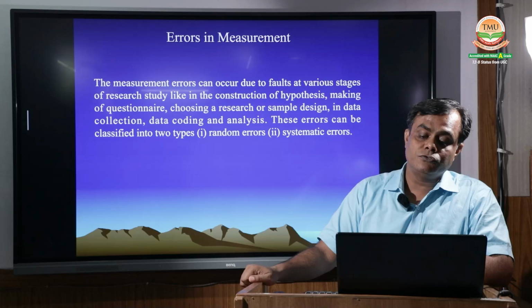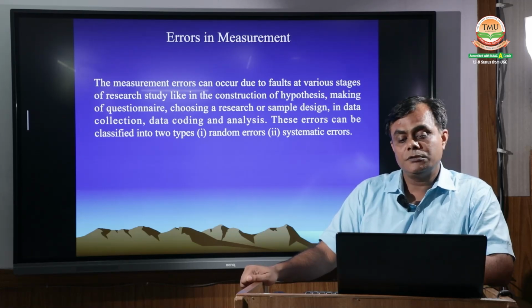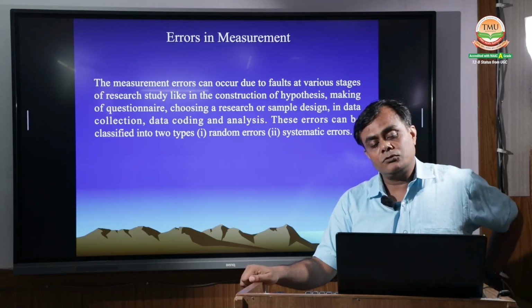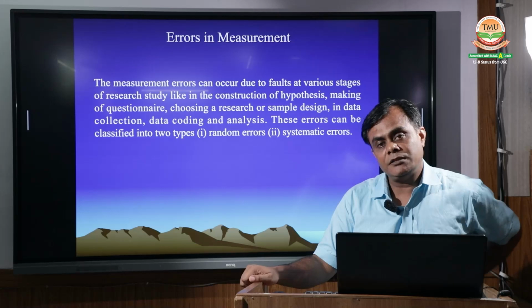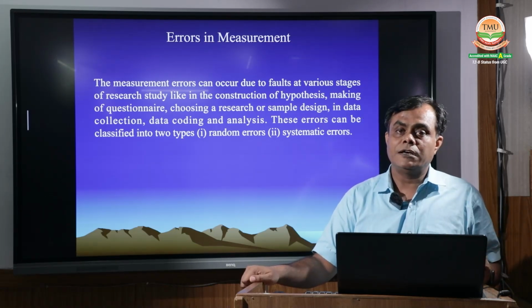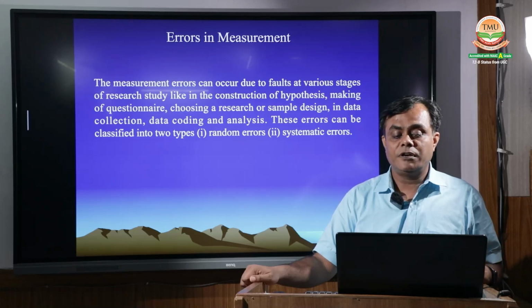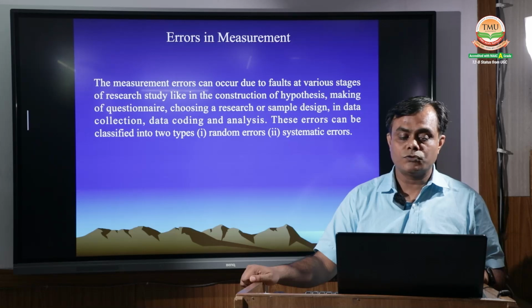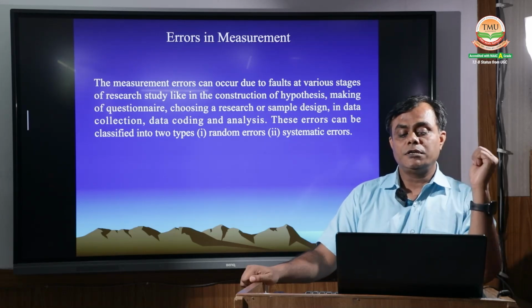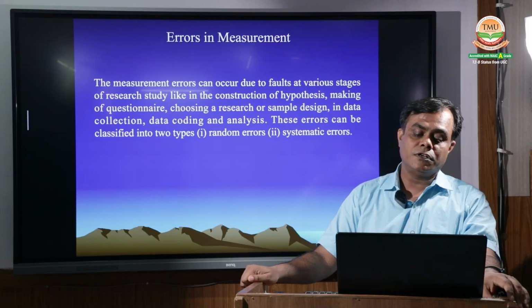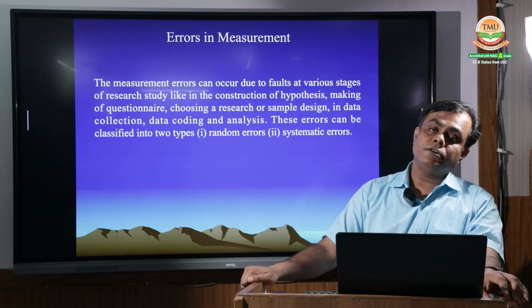Random error comes due to the honest mistake of the respondent or the investigator or the researcher, or sometimes they try to do a sincere job, and through this sincerity errors come, and that type of error is the random error. In some cases the true value or score of the property is overestimated, resulting in a positive random error, or in some cases it is underestimated, resulting in a negative random error.